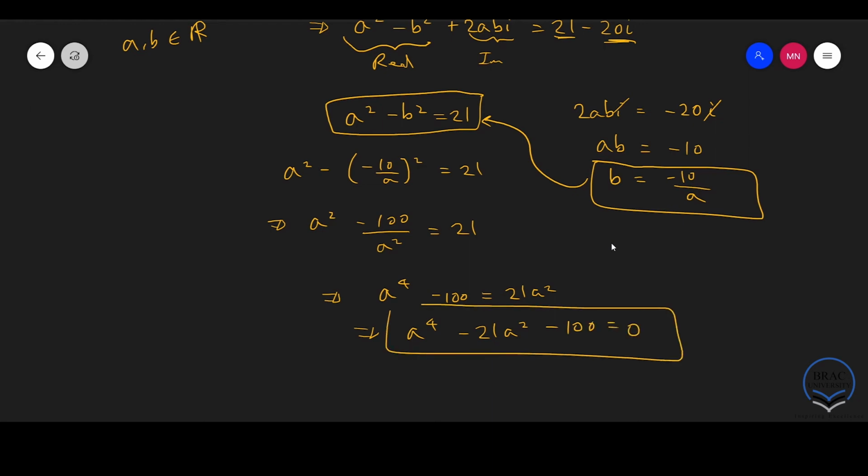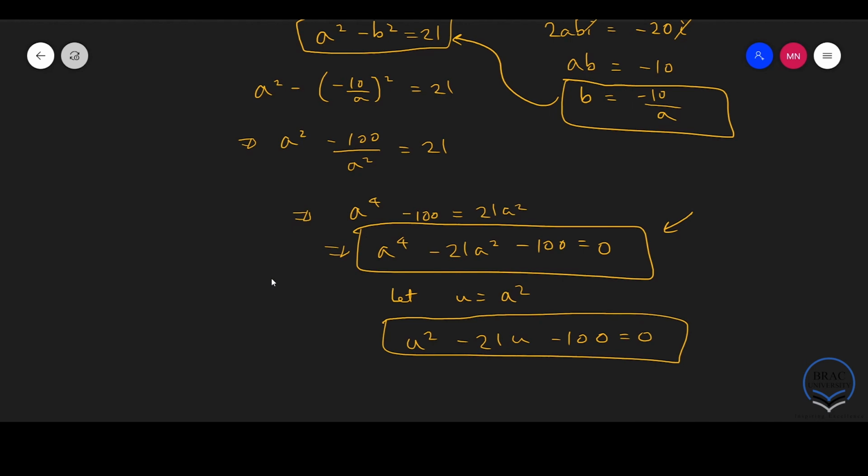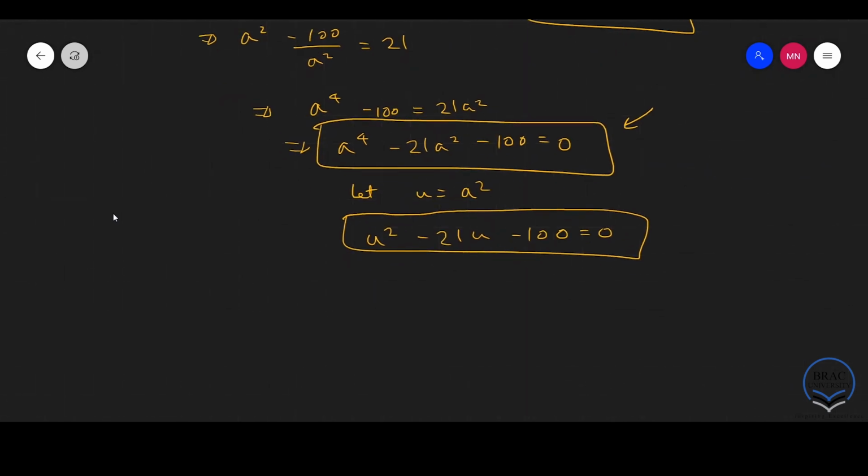So we are left with this equation. Now what we can do is write this equation in quadratic form, right? So we can let u be equal to a squared. And if we do this, we have u squared minus 21u minus 100. So now we can try and factorize this equation.